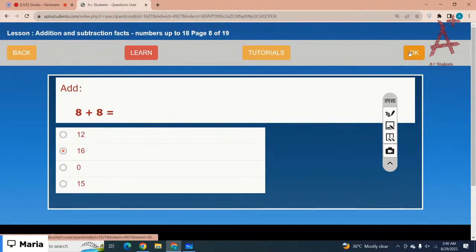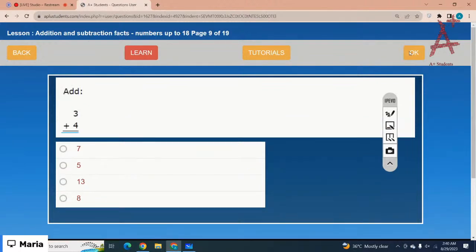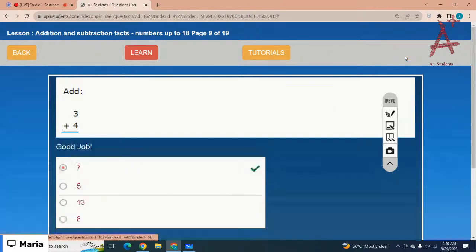The correct option is 16. The next one is add 3 plus 4. So 3 plus 4 makes 7. The correct option is 7.